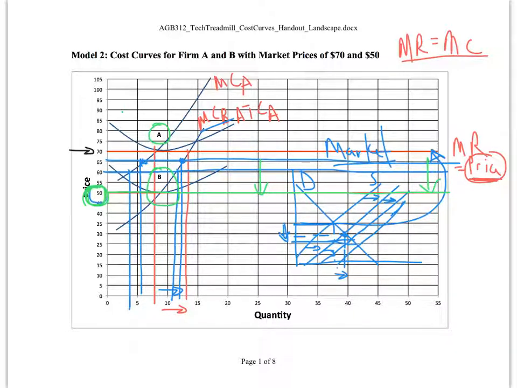So anyway, that's in a nutshell this idea of how, when market prices can adjust, what the implications of the technology change are.